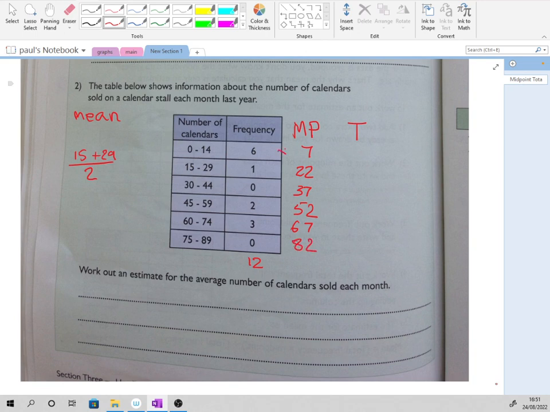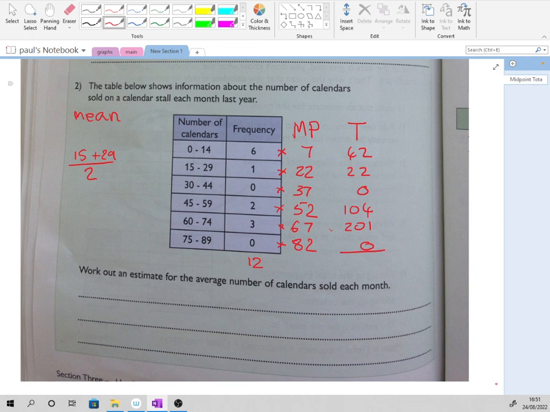So now we need to multiply that. 6 7s are 42. 1 22 is 22. Got that, easy. 0 times 37 is nothing. 2 52s are 104. 3 times 67, I can't do that in my head. 0 times 82 is nothing. So 3 times 67 is 201.